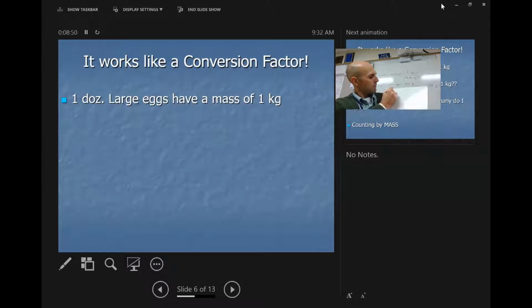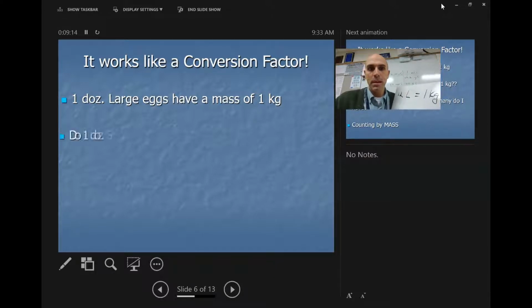It's 12. Let's put a big L there. And 1 dozen large eggs equals 1 kilogram of mass. So for every 1 dozen large eggs, it weighs 1 kilogram.